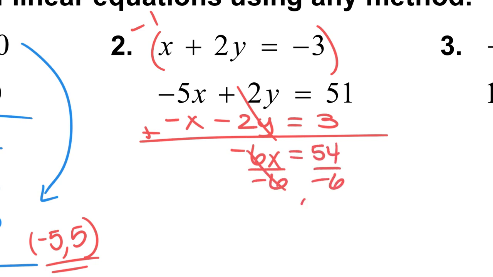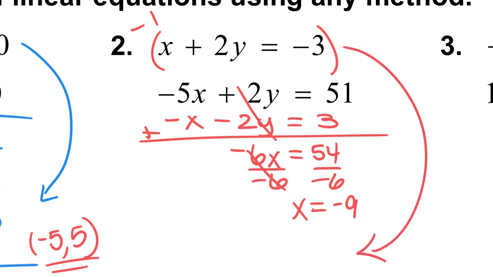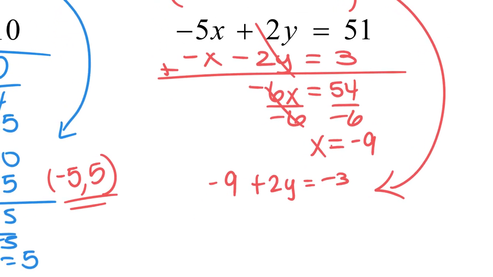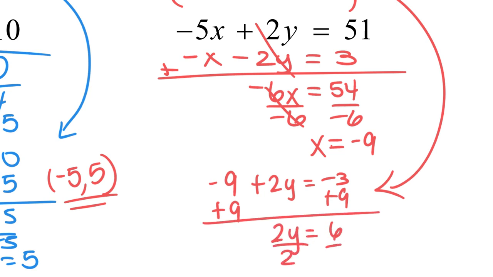I'm left with x equals negative 9. Using substitution, I will use my first equation where I'm left with negative 9 plus 2y equals negative 3. I'm going to add 9 to both sides, and I'm left with 2y equals 6, divided by 2, y equals 3. Therefore, my answer would be negative 9, 3.